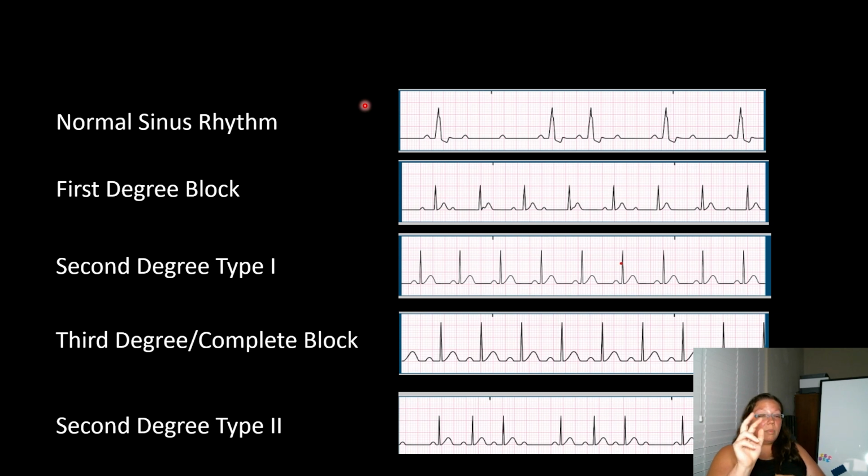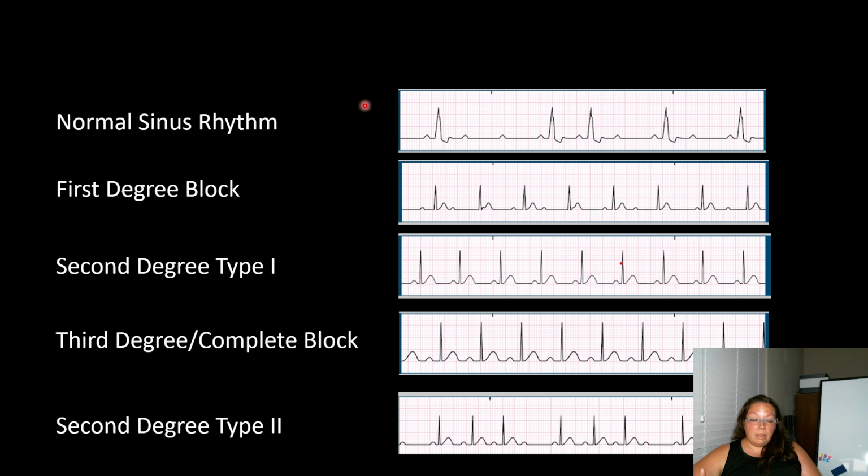And there's a couple of versions of second degree. So we have to figure out what degree it is, or what type it is in the degrees. So if you remember our heart block poem, some P's don't get through, then you have Mobitz 2. Longer, longer, longer drop, then you have Wenckebach.